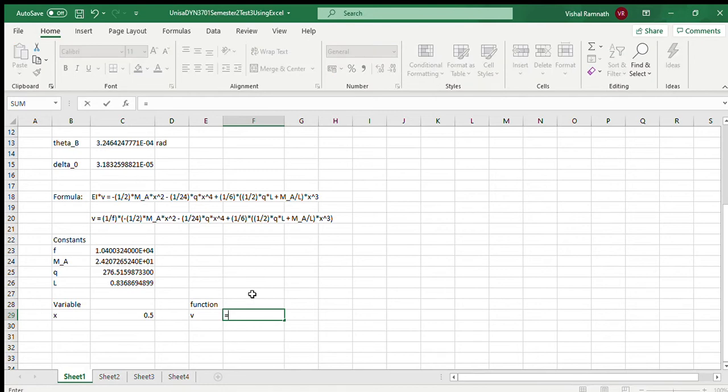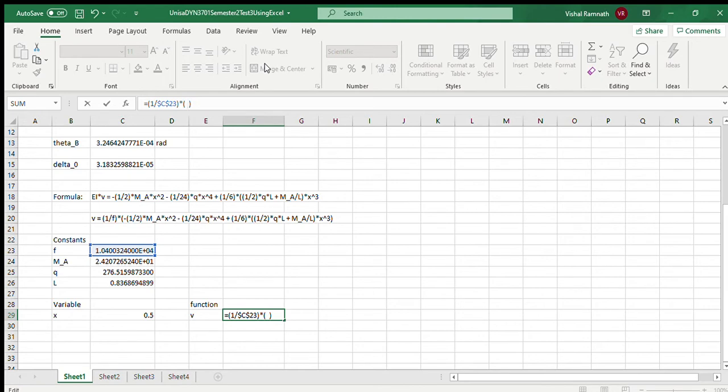So this would be equal to, open brackets, 1 over F, and now we have to use absolute references for the values in the cells so we don't confuse ourselves. So this is in cell C23, so 1 over $C$23, close the bracket, times, open bracket, put some stuff in there, close the bracket so I don't get confused. I want minus a half MA x squared.